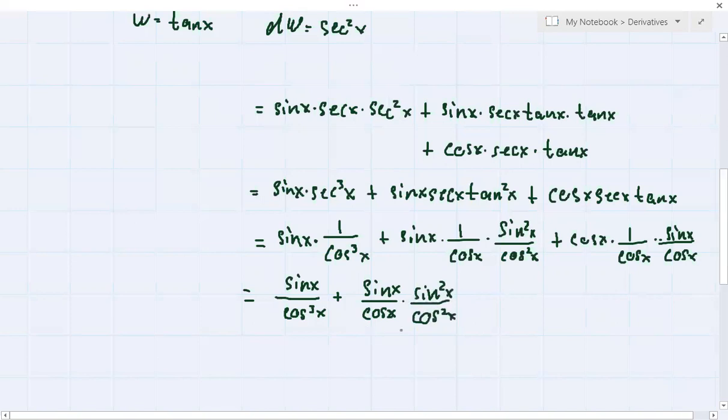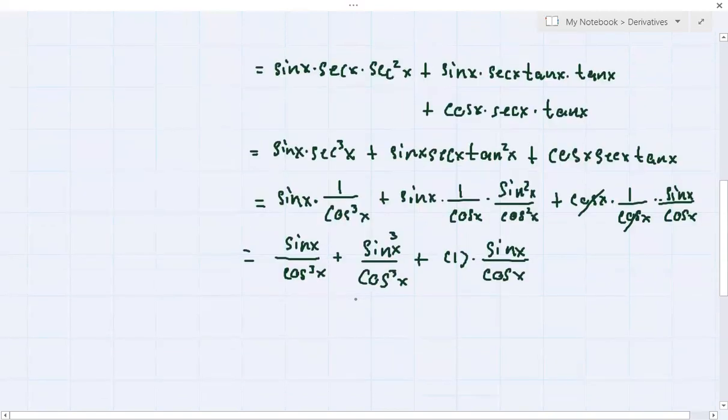So kung multiply mo silang dalawa, sabay-sabay, we will have the cube of sin x all over the cube of cosine x. Ayusin ko to. There you go. And lastly, sa last term, since we have cosine x times 1 all over cosine x, makakancel to. Magiging 1 yan. So we will have 1 times sin x all over cosine x. So pwede na to as your final answer.